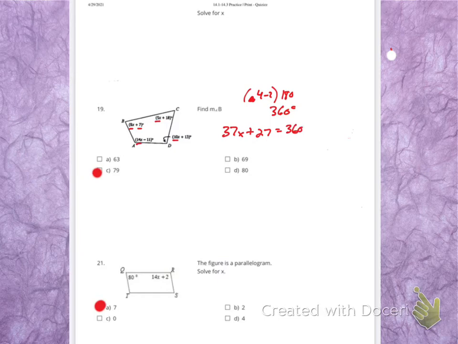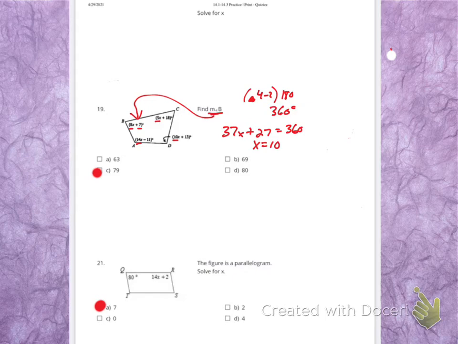I'm going to minus 27 on each side, so 360 minus 27, and I'm going to divide that by 37, and I got 10. So x is equal to 10, but it says find measure B. So I got to plug that in right here. So 8 times 10 is 80, plus 7 is 87. So it looks like I might be a little bit off here.